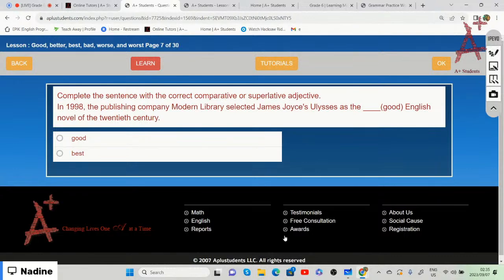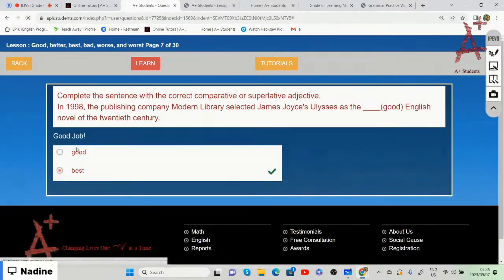So we're going to say as the best English novel of the 20th century. Best.